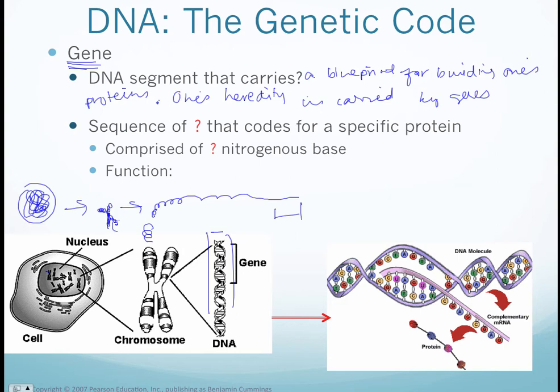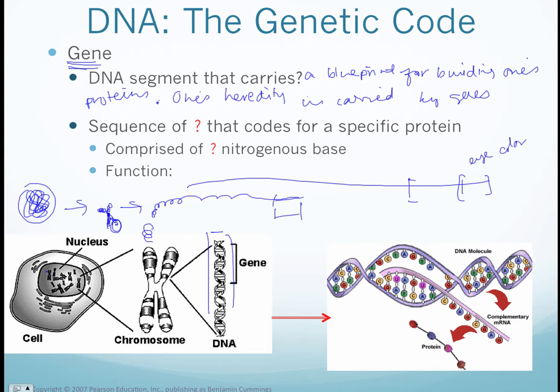So taking a portion of that condensed form and then unwinding it to make it nice and flat, here we see that familiar double helix. And if you look at your chromosome, it looks like one hot mess coiled up, but this is all composed of genes. So this gene here can code for eye color.